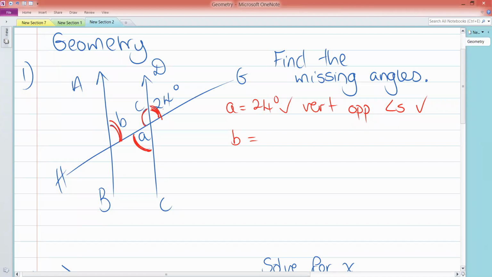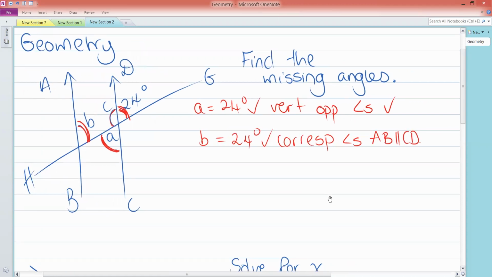B would be corresponding. Well done. Corresponding angles. Now, angles like that, you have to state the parallel lines. AB is parallel to CD. Very important. You have to state your parallel lines.